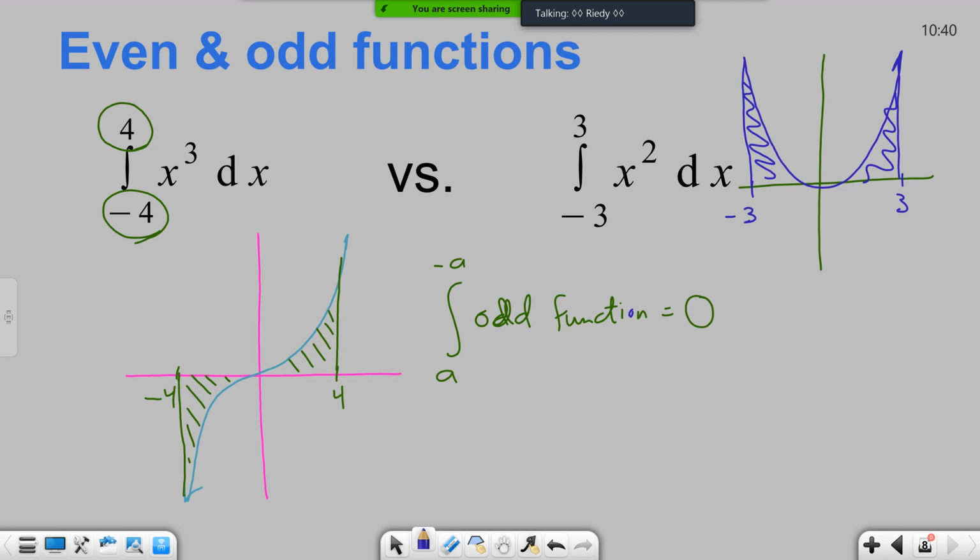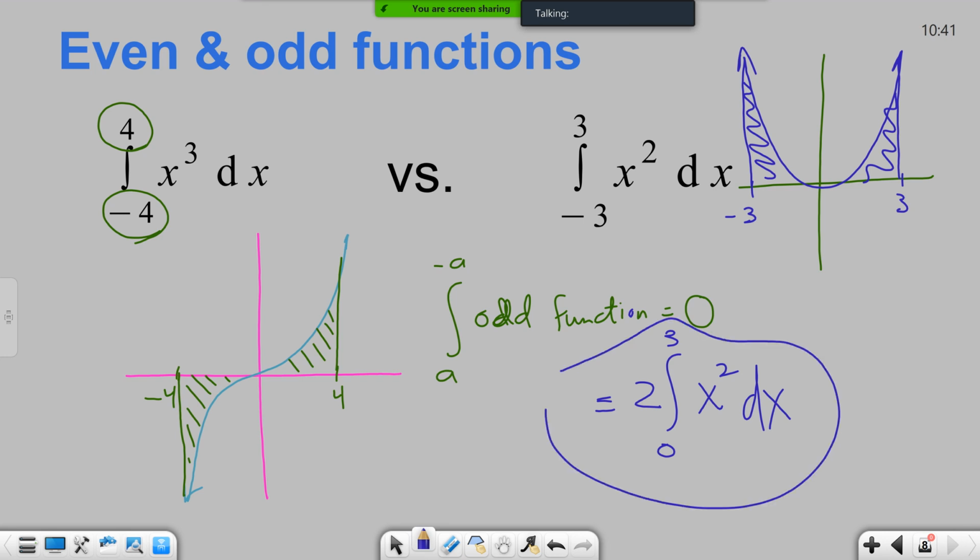But what you should notice is that those two shaded regions are the same. So this would be the same thing as going from 0 to 3 and multiplying it by 2. Stuff is disappearing from my board again. For even functions, this is purely just a time-saving device. It's especially a time-saving device because it's usually easier to plug a 0 into a function than it is to plug in a numerical value.